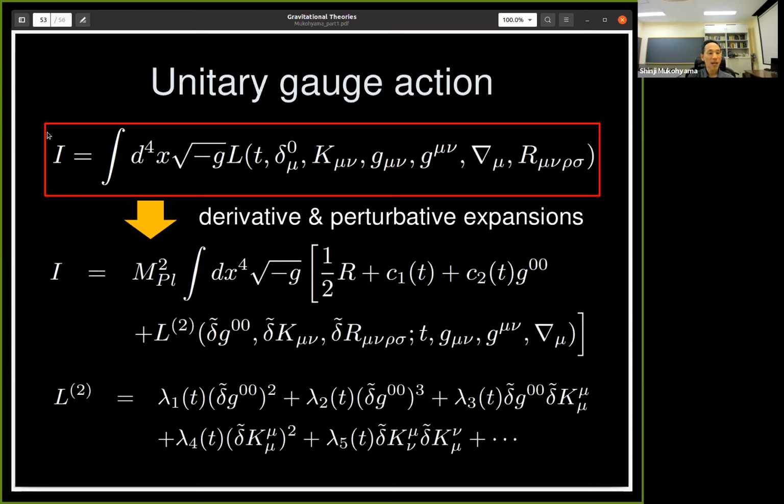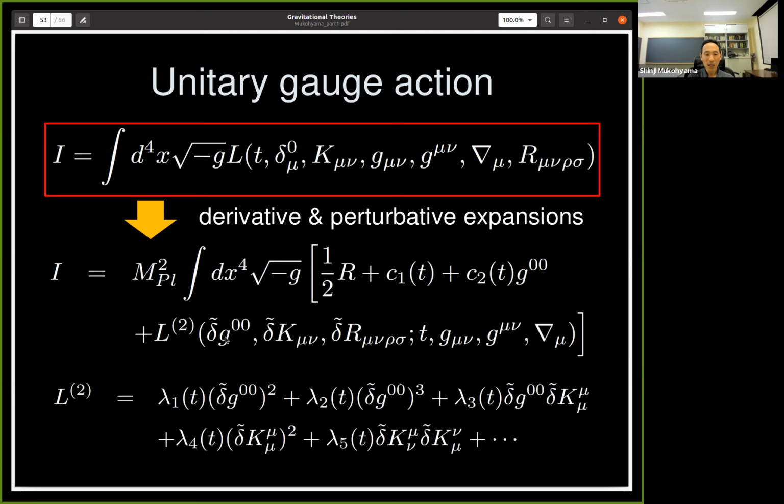This is completely general, and it's okay, but it is too general, so it's nice to have some finite number of terms. In order to do that, we need to do a derivative expansion and a perturbative expansion around the Friedmann-Lemaitre-Robertson-Walker background, the homogeneous isotropic background.